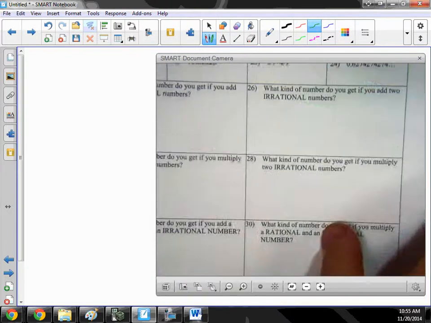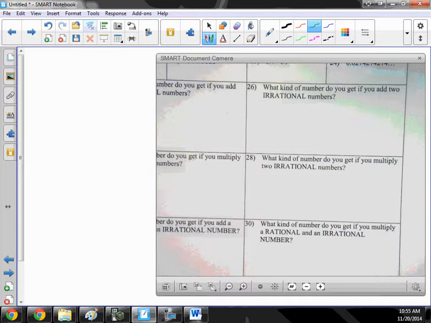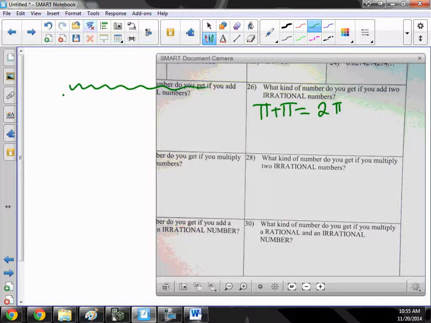Okay? So for 26, what happens when you add 2 irrational numbers? Well, pi plus pi equals, try again, 2 pi. Is that rational or irrational? Irrational. Okay, if I had a decimal that's irrational and another decimal that's irrational, is there a case in which I could create a number that has a stopping decimal using addition or subtraction?